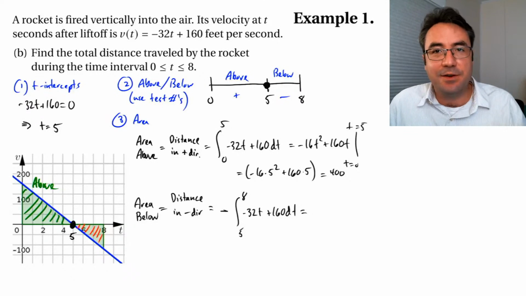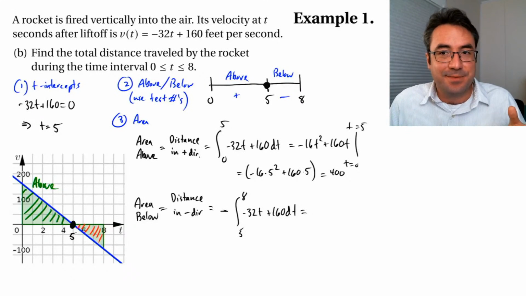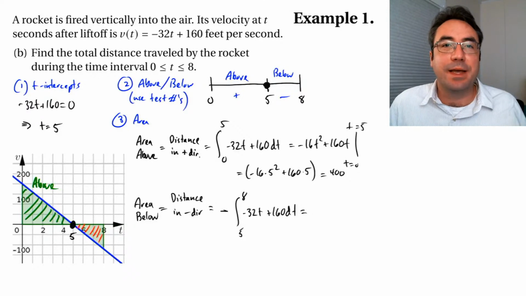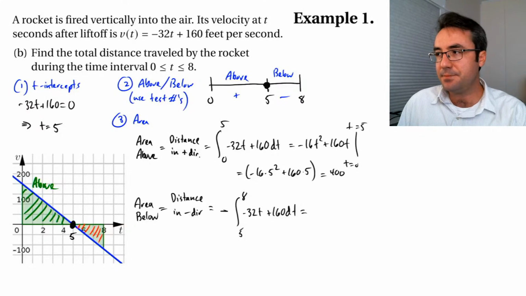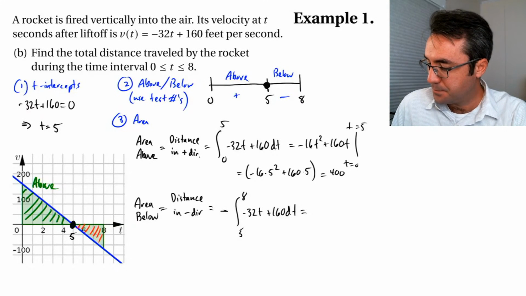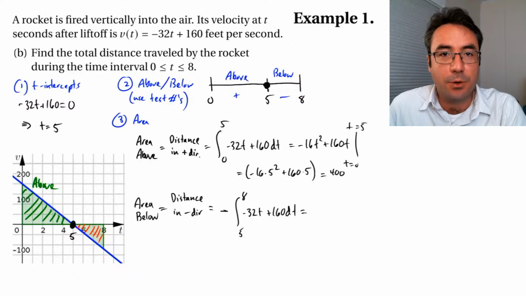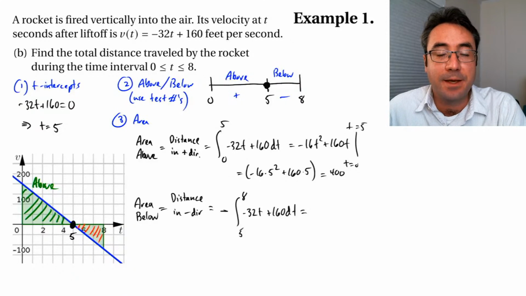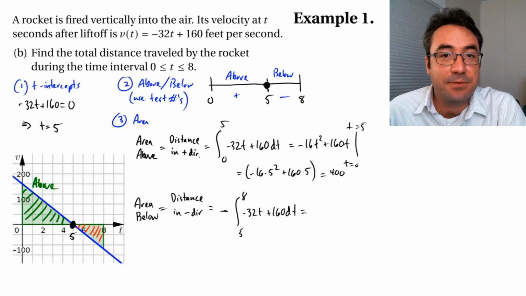So we have to introduce a second negative to calculate the area. We have to do a double negative, essentially. So because our region is below the horizontal axis there, to calculate that area, we're going to do the negative integral from 5 to 8.